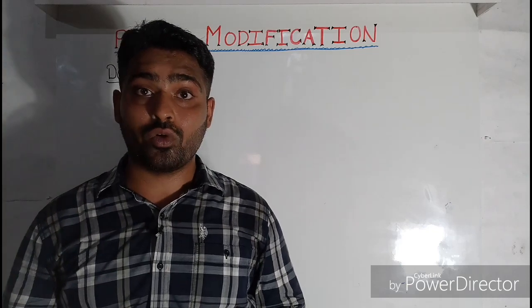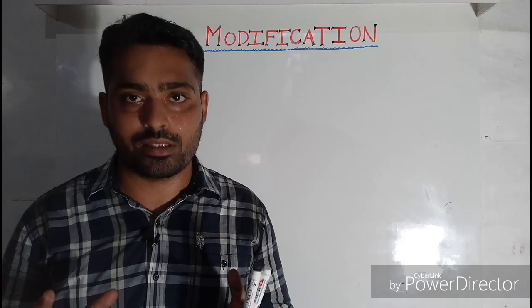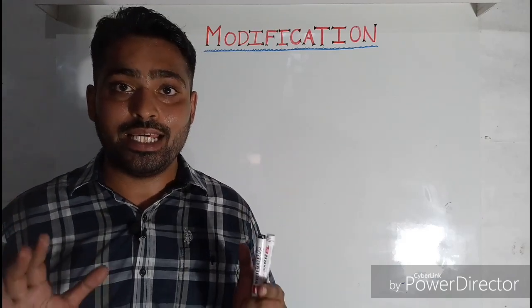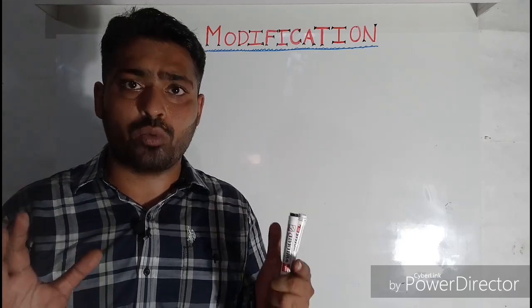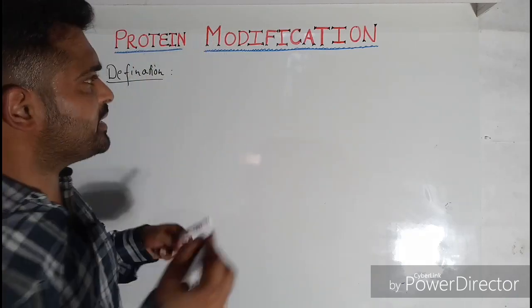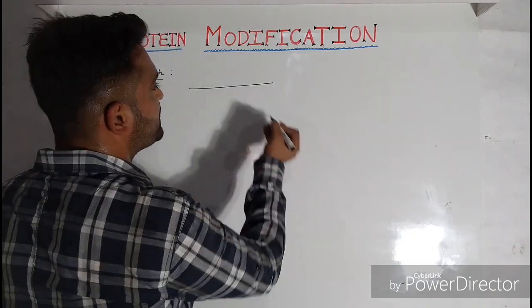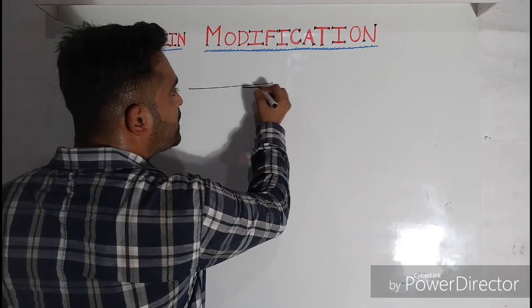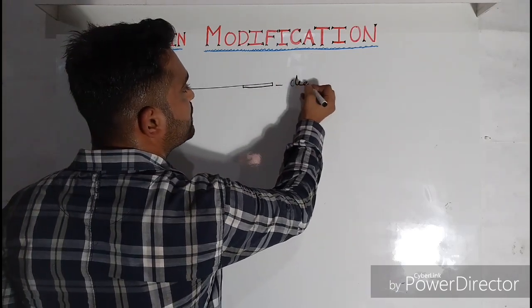Now what is the definition of this modification? In scientific words, we say any enzyme-catalyzed change which is done on the amino acid sequence of the protein, either by removing some of the amino acids or by the addition of some functional groups. Now what does this mean? Suppose this was the protein which is being synthesized, or it has been synthesized fully. Some of the amino acid sequence of this protein has been cleaved.